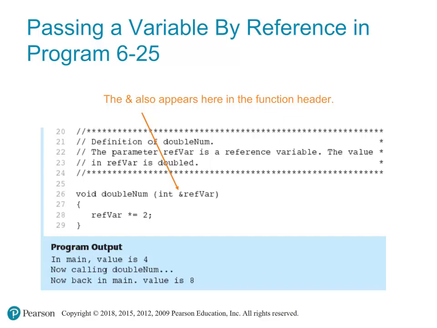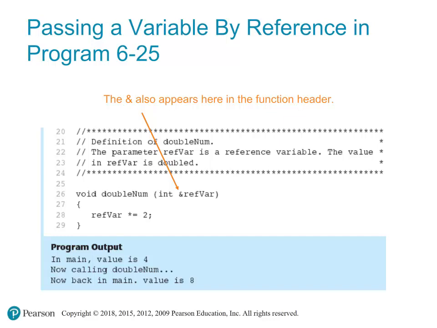Because refVal is a reference variable, this change will reflect back on the original variable that was passed as an argument. So using a reference variable allows the function to modify the original argument effectively, allowing the function to return a modified value without actually using the return statement.